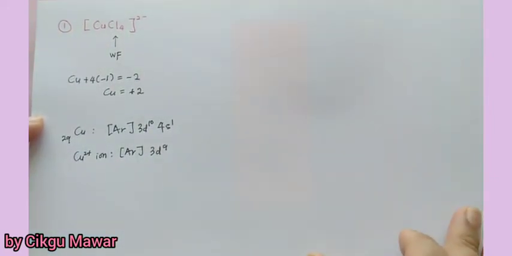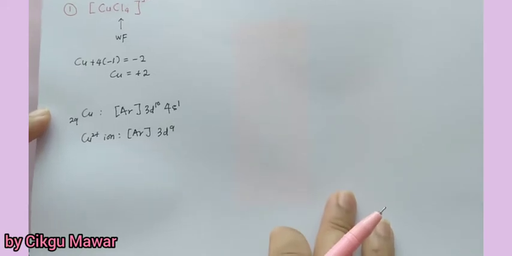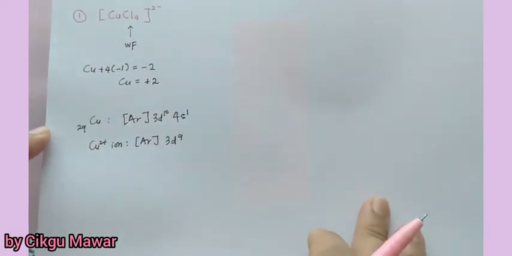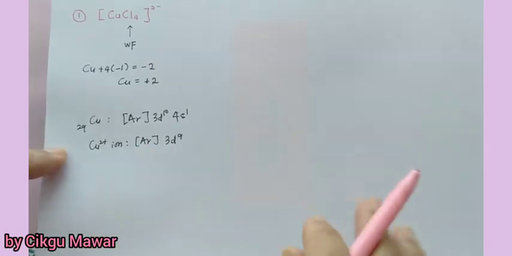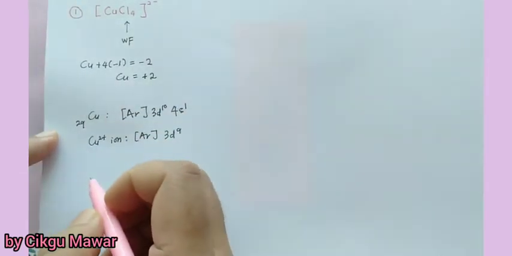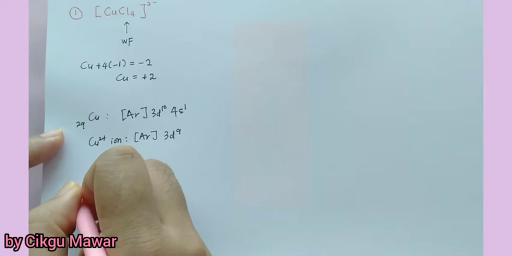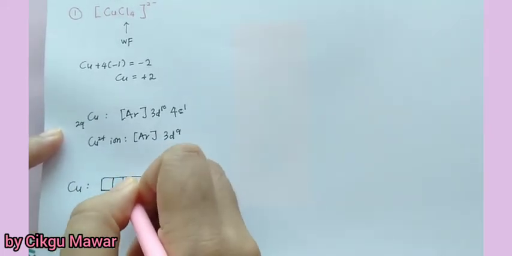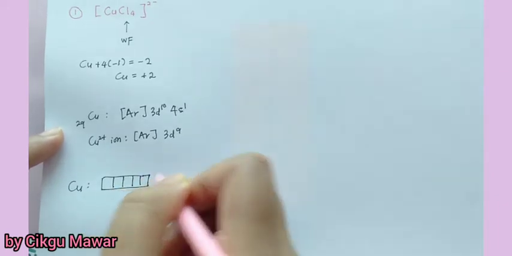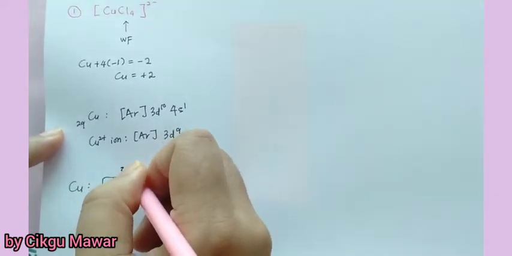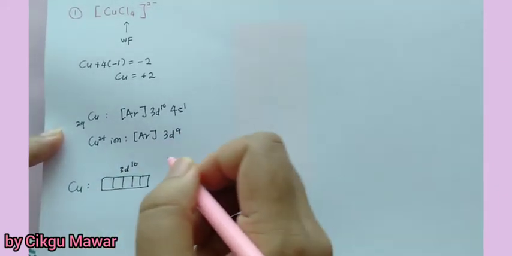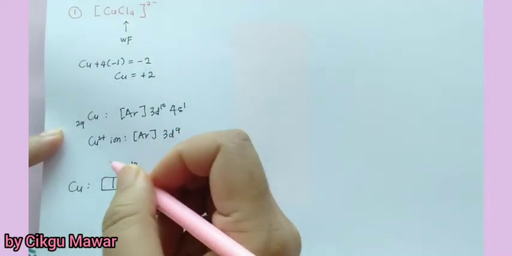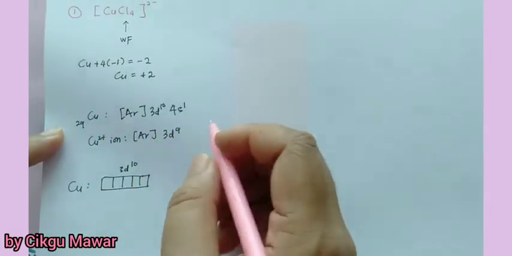Now let's draw the orbital diagram of the copper ion. We have five 3d orbitals, occupied by 3d10, and this one I refer to the copper atom.